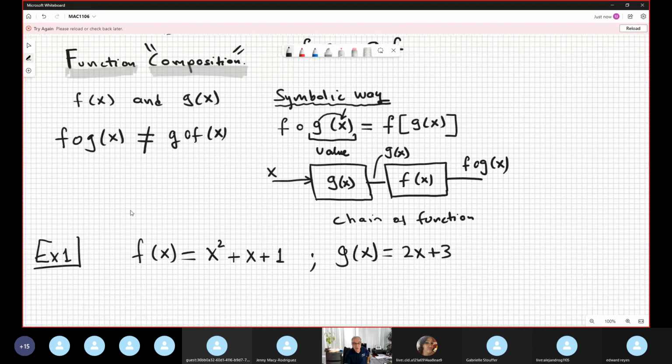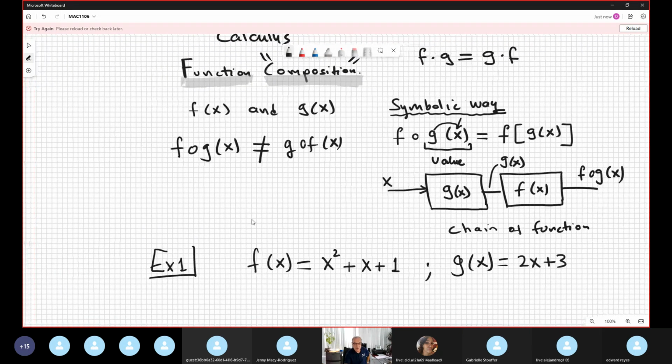And something important is the domain of the composition. The domain of the composition is equal to the domain of G, and this is the important piece because G is the first function you suppose.